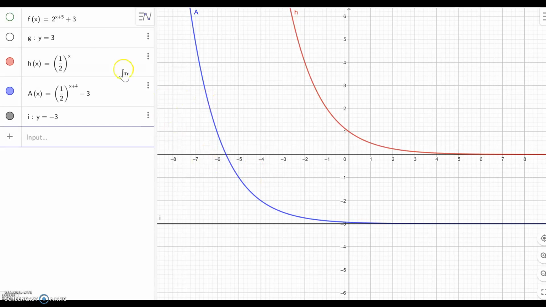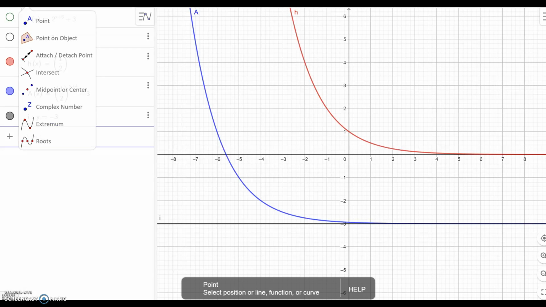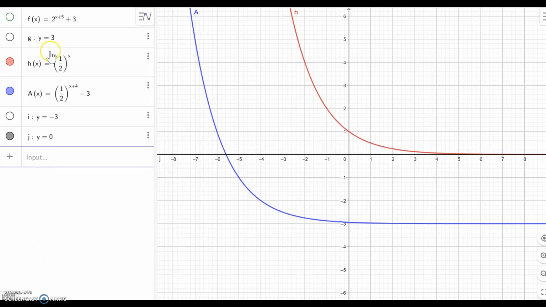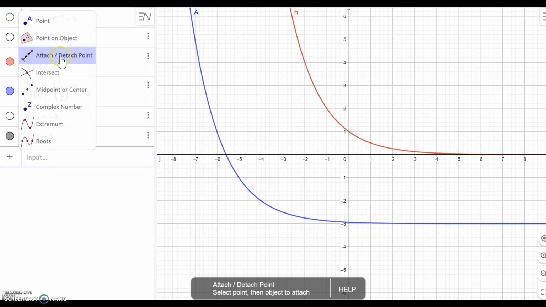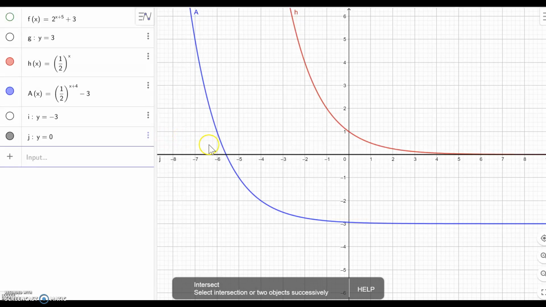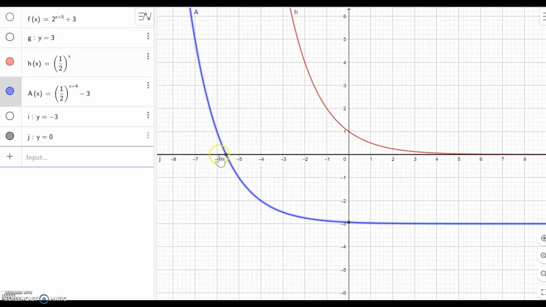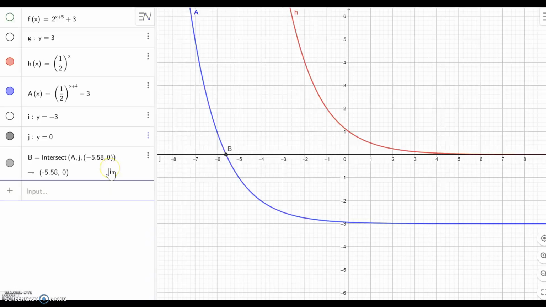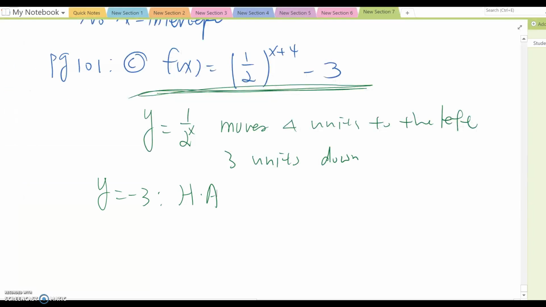Let me find the intersect between this line and this graph. Then we found -5.58 and 0. So the x-intercept is (-5.58, 0).